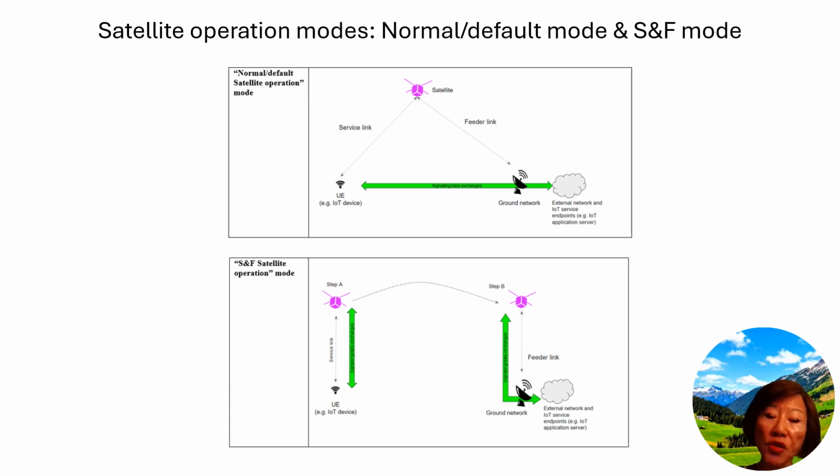Now, a few things I want to point out. This mode allows for communication even when the satellite doesn't have simultaneous visibility of both the UE and the ground station because it does delayed transmission. It has logic.